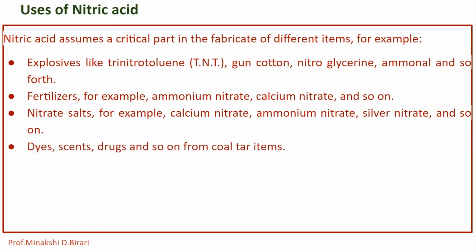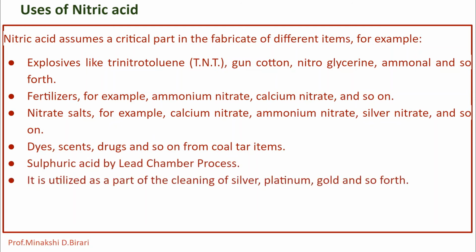Nitric acid is also used in dyes, shades, drugs and so on from coal tar products. Sulfuric acid by lead chamber process. It is used in the cleaning of silver, platinum, gold and so forth.